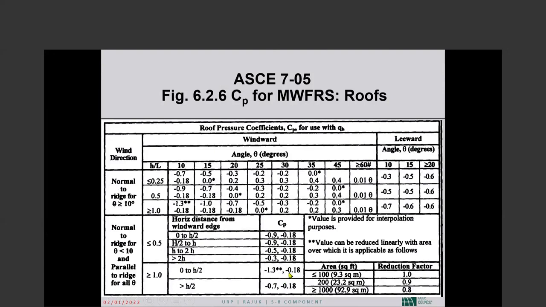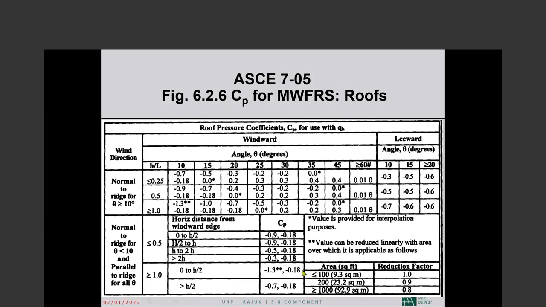You also have a suction of negative 1.8. Sometimes the lowest suction you need to figure things out. You need the highest value, the lowest value in some applications, not in all applications. Anyway, the highest value is negative 1.3.